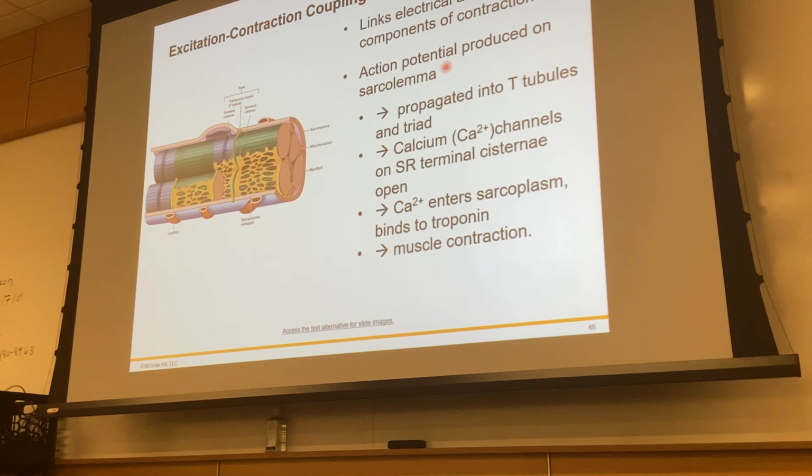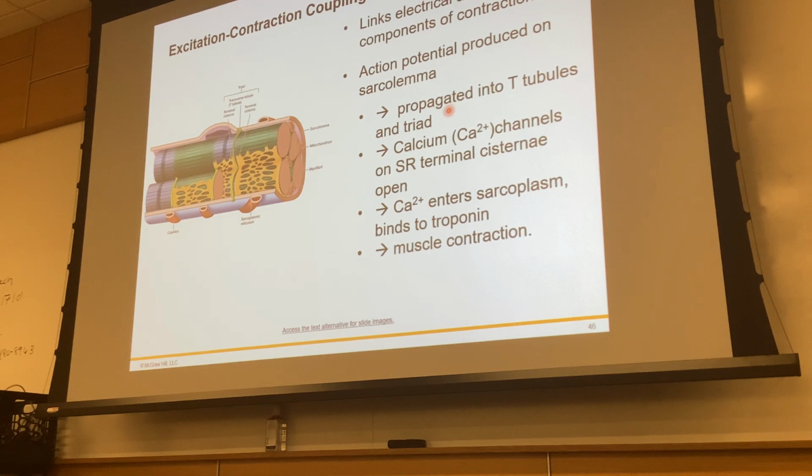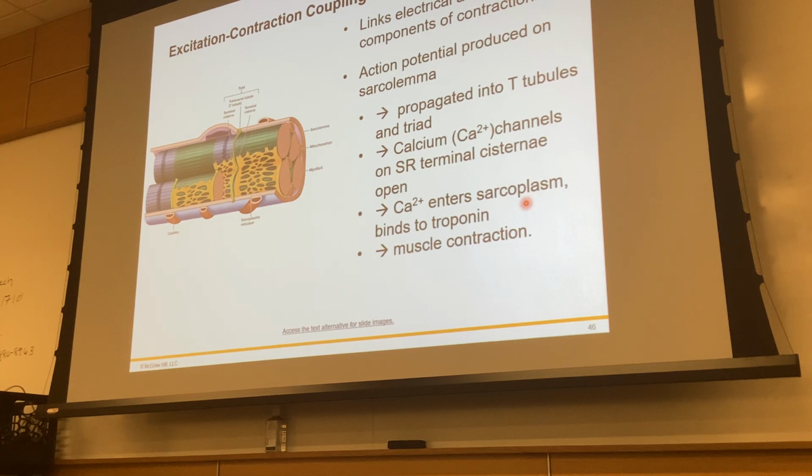It is then propagated or sent to the T-tubules and the triad, which is part of the sarcoplasmic reticulum. And that sarcoplasmic reticulum and sarcolemma are all sort of intertwined. The chemical that I'm particularly interested in here is the calcium cation, which resides in the terminal cistern. And when it's released, where does it get released? It releases into the sarcoplasm.